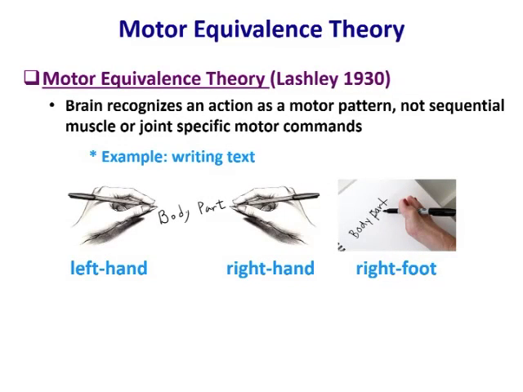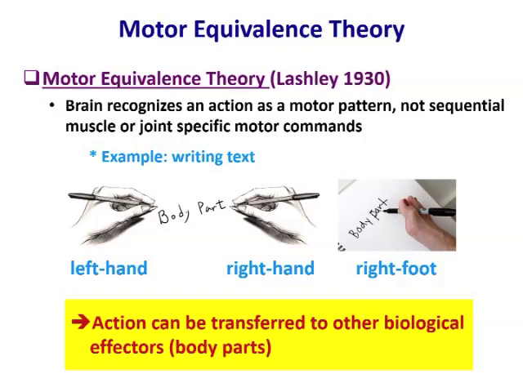For example, we are able to write with our non-dominant hand or even with our foot without training after we learned how to write with the dominant hand. Our insight from this motor equivalence theory is that action can be transferred to other body parts.